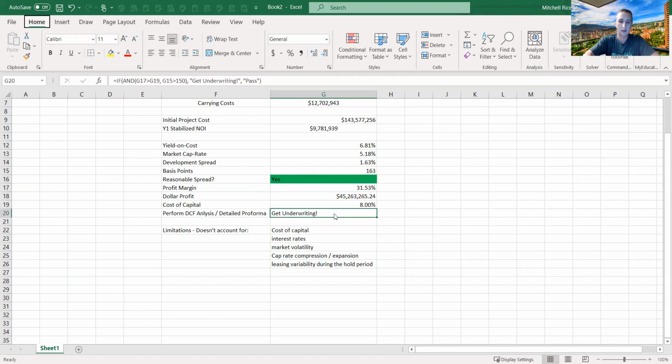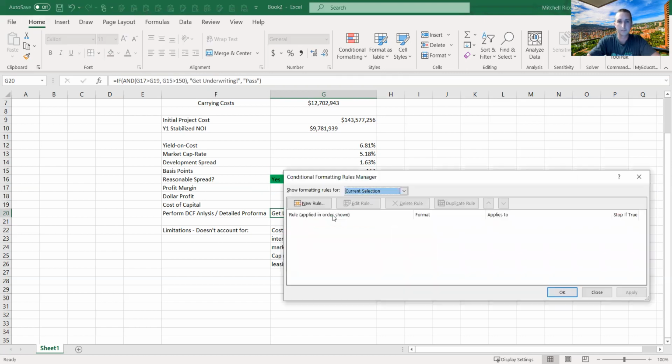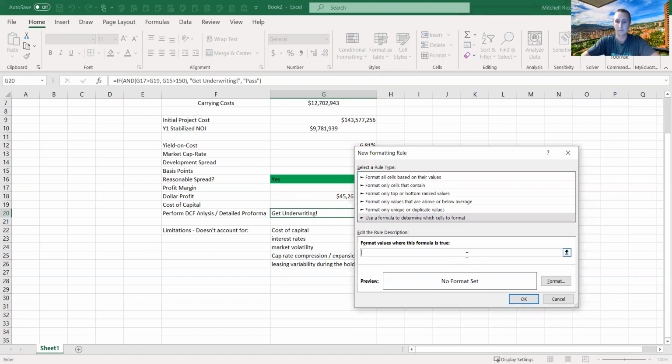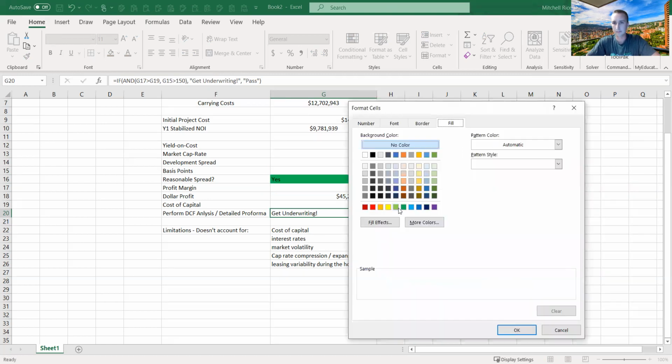Cool. And then if we want to format that again, Alt H L R, new rule, use a formula to determine which cells to format, equals. So we're going to use cell G20 equals. If it's get underwriting, we're going to make it green.